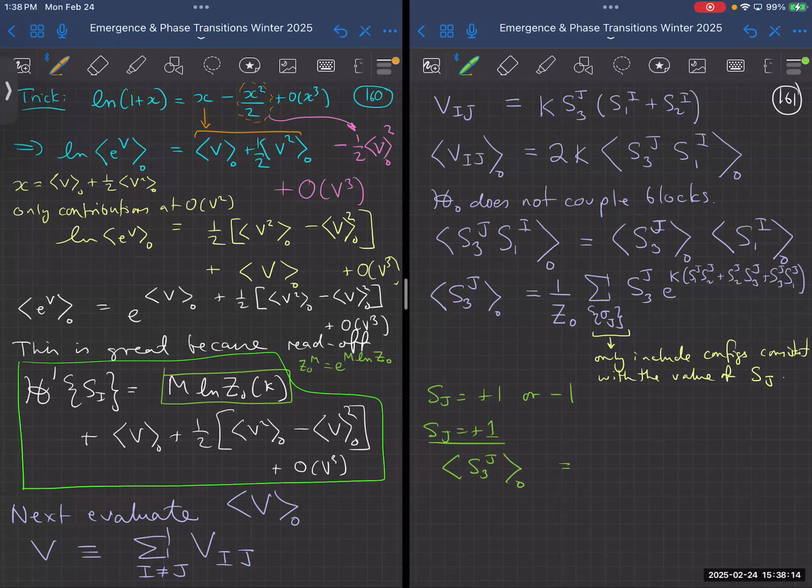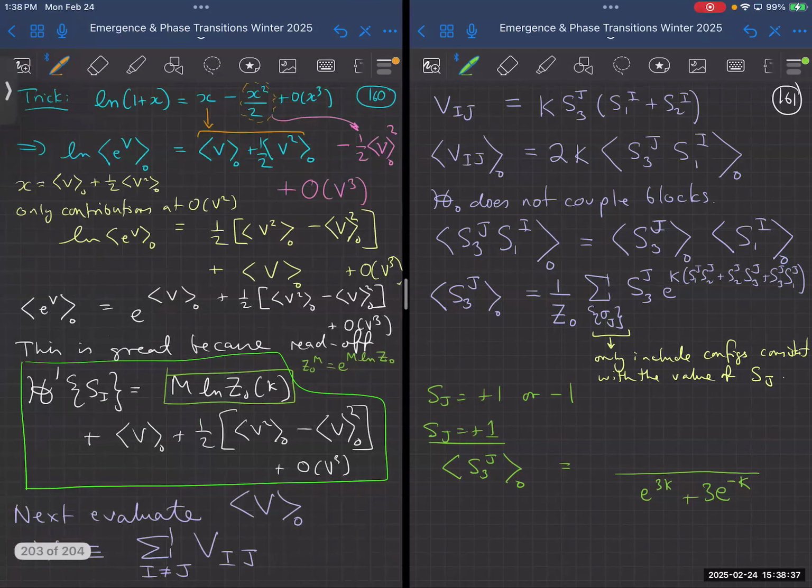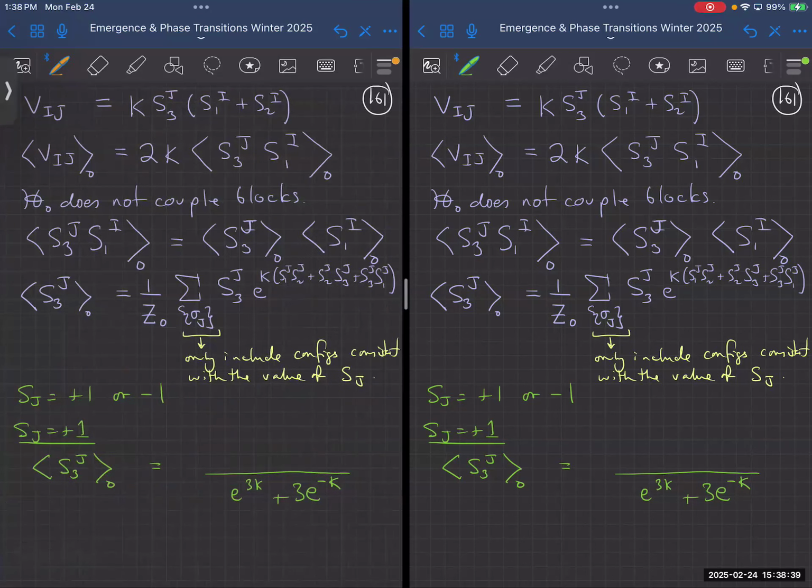First of all, what do we have in the denominator? Well, the denominator is the thing that we calculated over here. So that's e to the 3k plus 3e to the minus k.